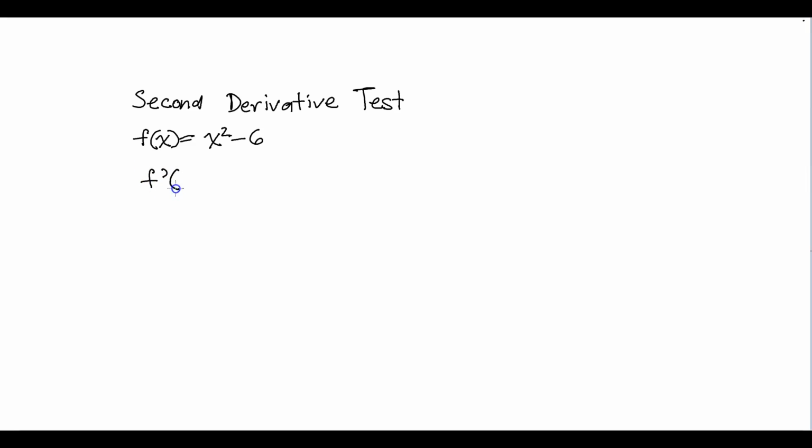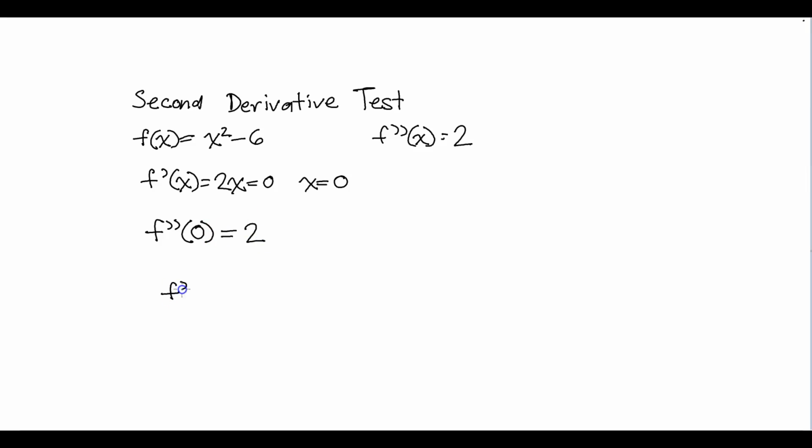We have f prime of x equals 2x, and when we set that equal to 0, we get x equals 0. Now what the second derivative test says is that if you plug this value into your second derivative, f prime prime of 0, well, f prime prime of x is just the derivative of f prime of x, so we know the second derivative will be 2. If we plug in 0, we'll still get 2.